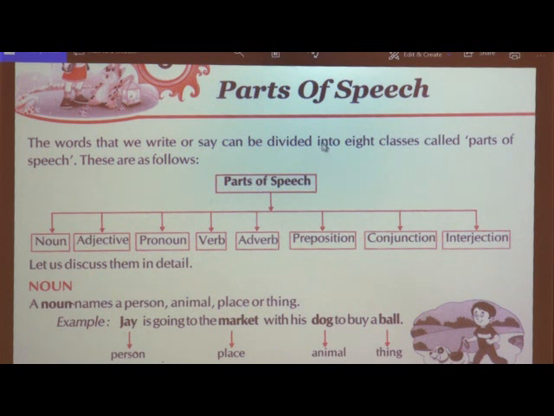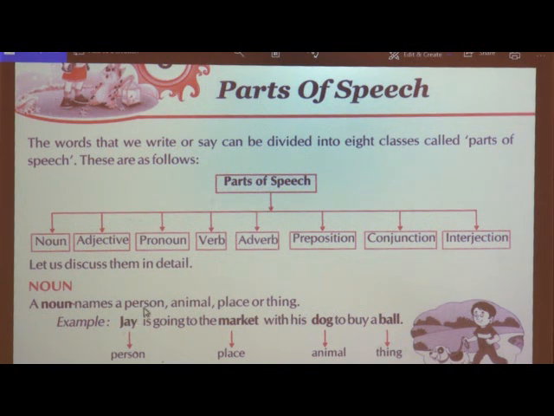Later, in the third topic, parts of speech, we saw that in a sentence we use groups of words, and those words are divided into 8 classes called parts of speech. They are as follows. It is a noun, it tells the name of a person, animal, place or thing.